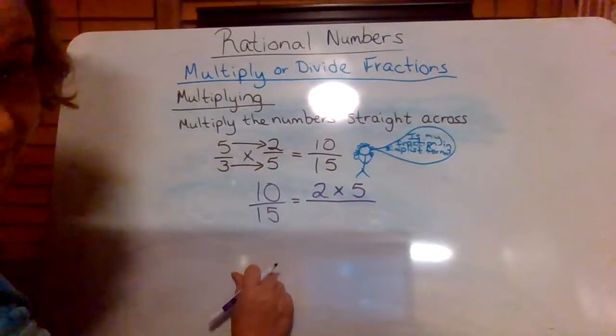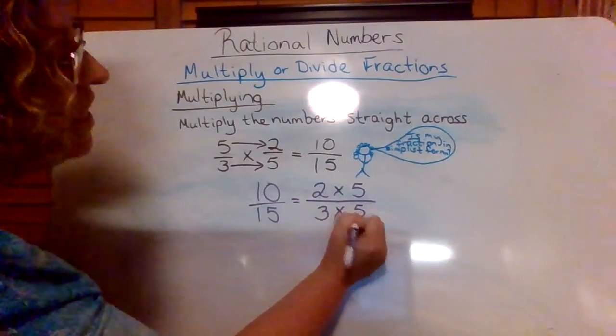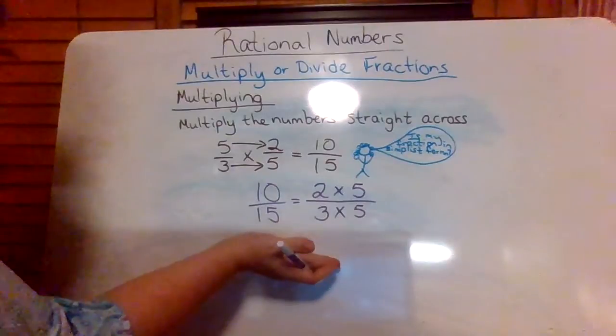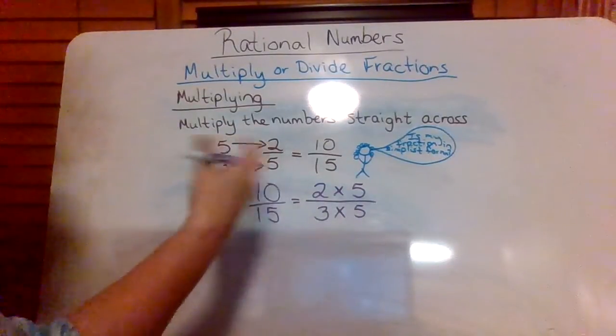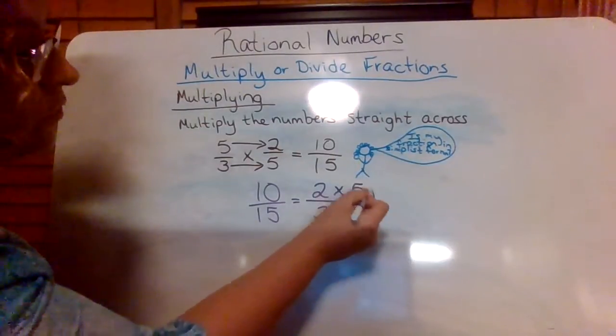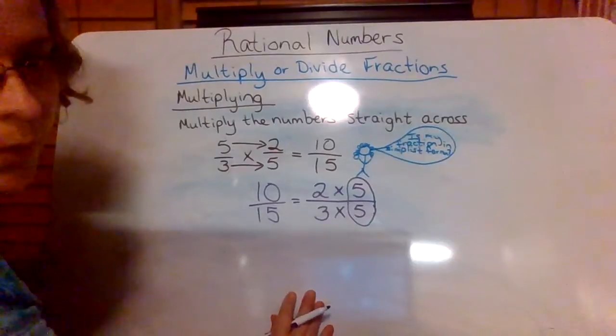What does 15 break down to? It breaks down to 3 times 5. Now, do you see anything that happens both in the numerator and the denominator? Is there any number that shows up both places? Yes, the 5 does. See that? There's a 5 in the numerator and the denominator. Guess what we can do?